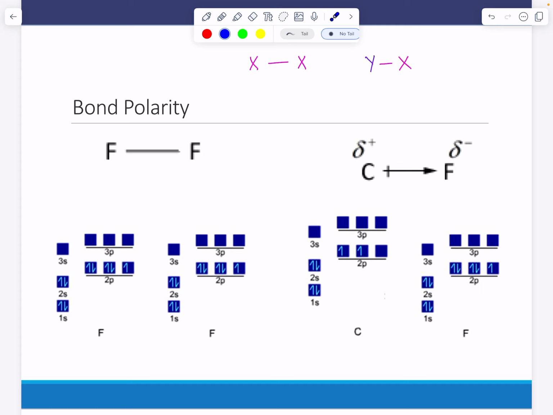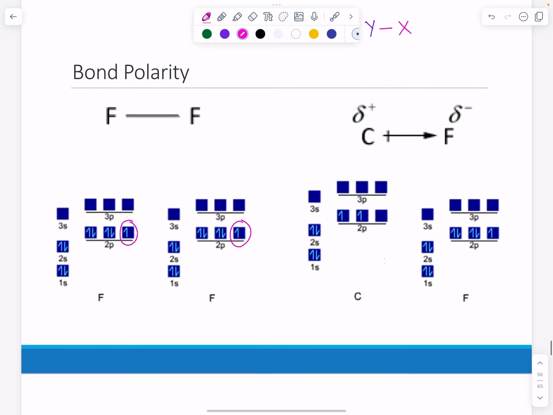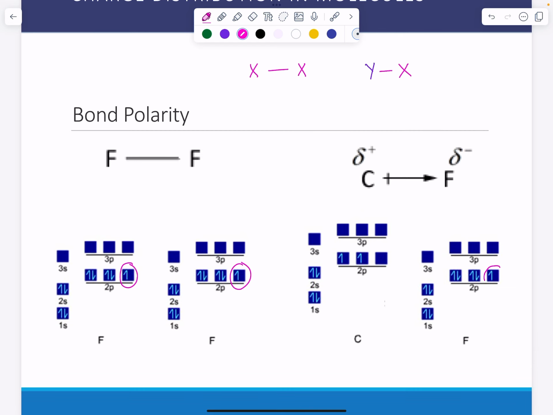So if we look at these 2 cases where we have 2 of the same atom and then 2 different atoms, let's look at where the electrons are in their orbitals. In this case, we have 2 of the same type, and this electron that's unpaired here is going to have the same energy as this electron that's not paired here. Now, when I look at carbon versus fluorine, you'll notice that the fluorine's 2p electron and the 2p electrons in the carbon are at different energies.